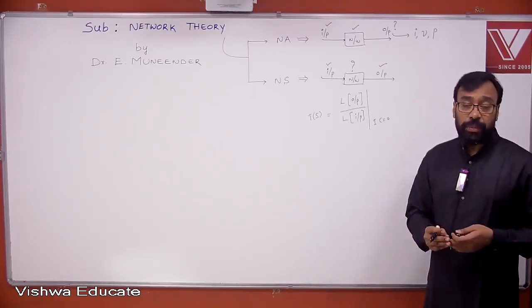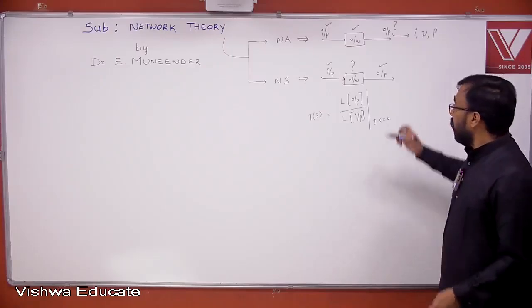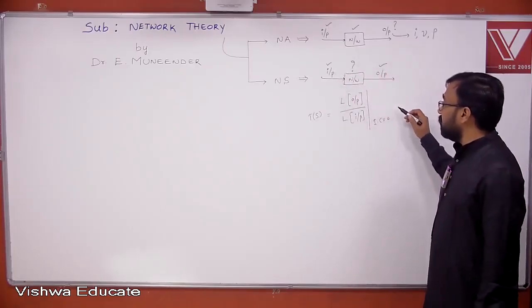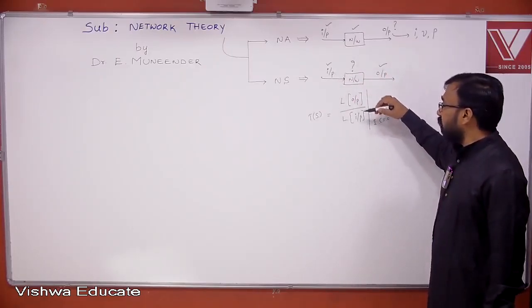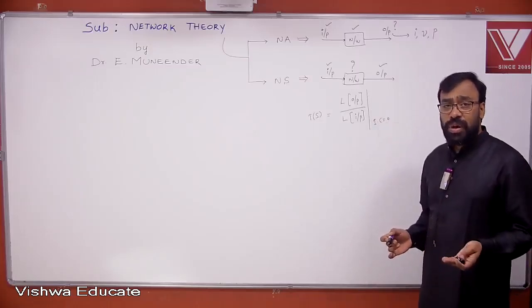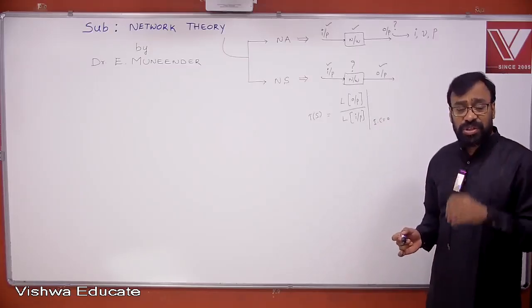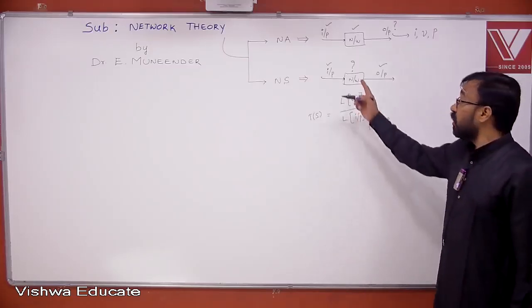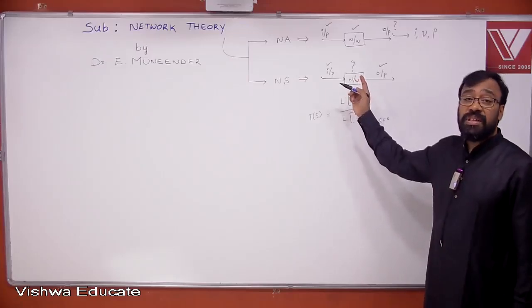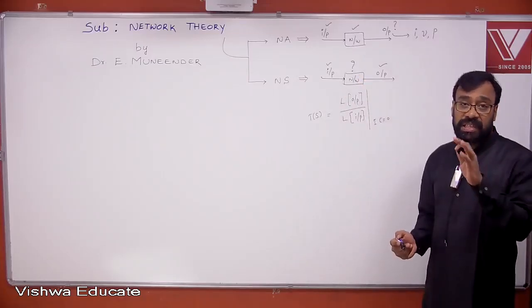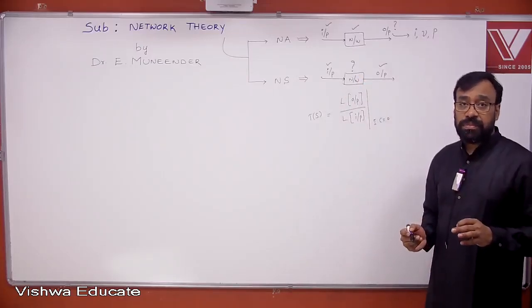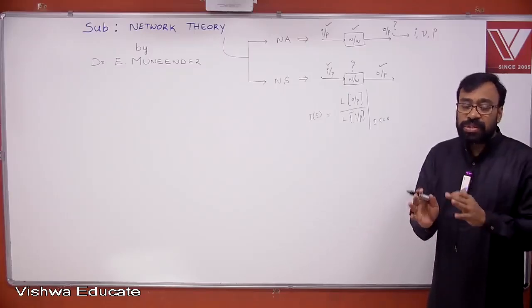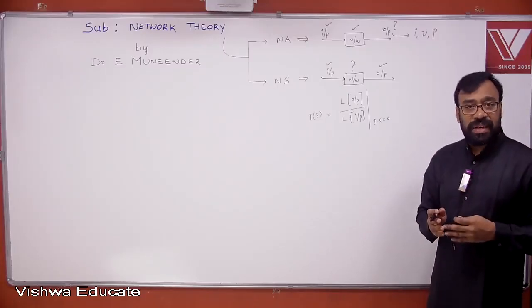I think all of you might know about it. So the ratio of output to input is usually called the transfer function. That means when the transfer function is given, you are supposed to construct a network using physical components like RLC elements. Of course, there is no unique network to satisfy a given transfer function.